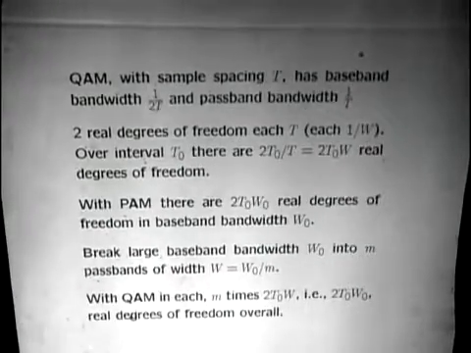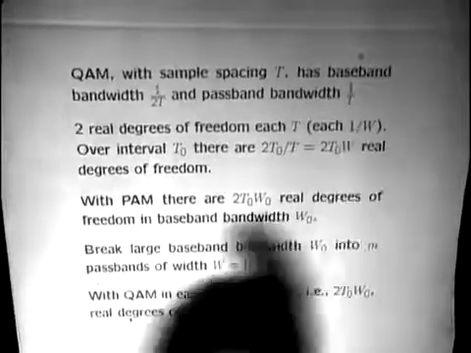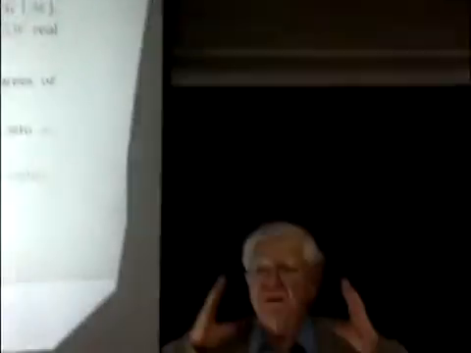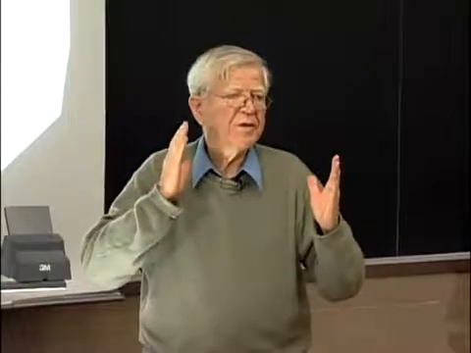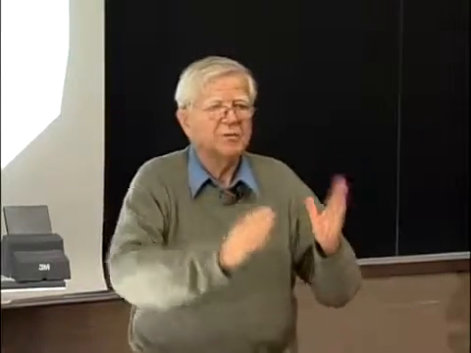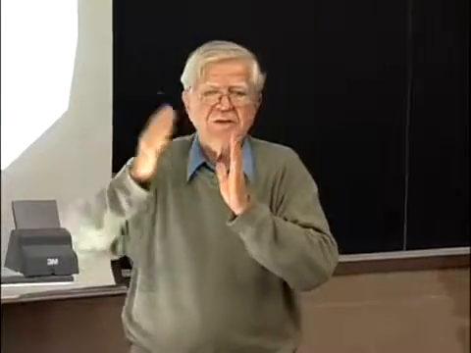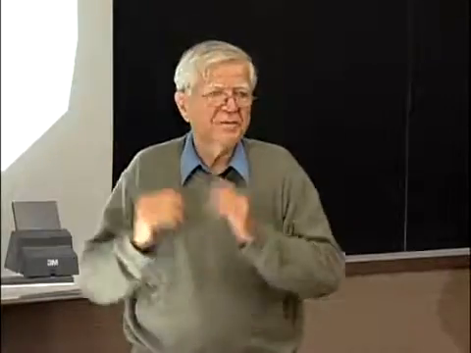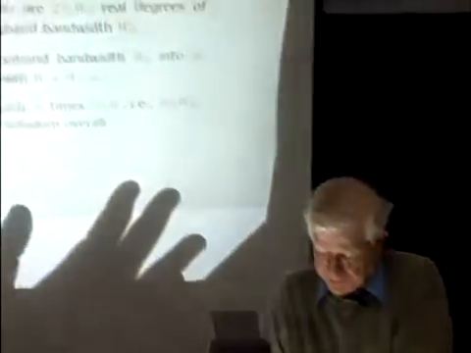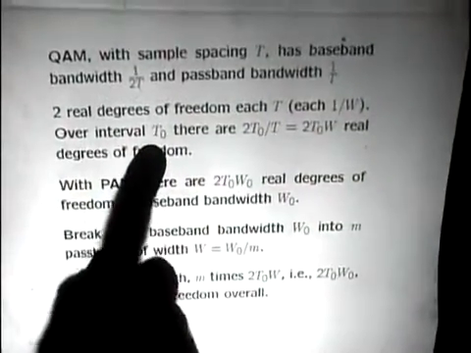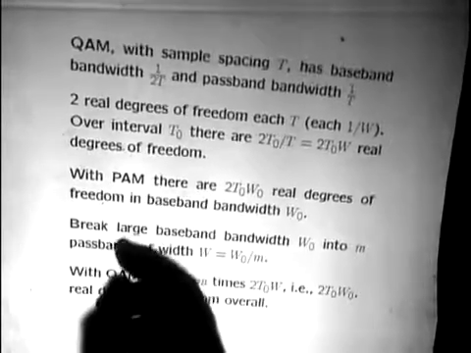When we modulate this up to passband, we're going to have a passband bandwidth which is 1 over T, because this baseband function is going from minus 1 over 2T to plus 1 over 2T. When we modulate that up, we get something that goes from fc minus 1 over 2T to fc plus 1 over 2T, which is really an overall bandwidth of 1 over T. So if we look at this over a large time interval T0, we have 2 degrees of freedom, namely the real part and the imaginary part.